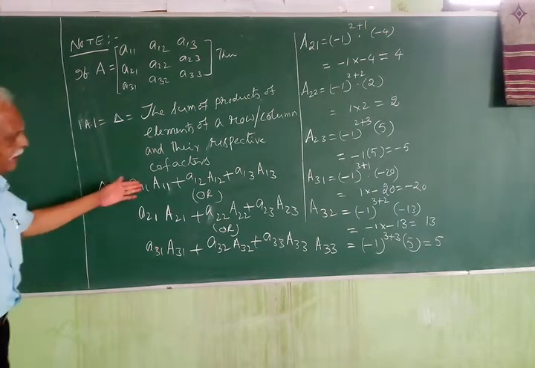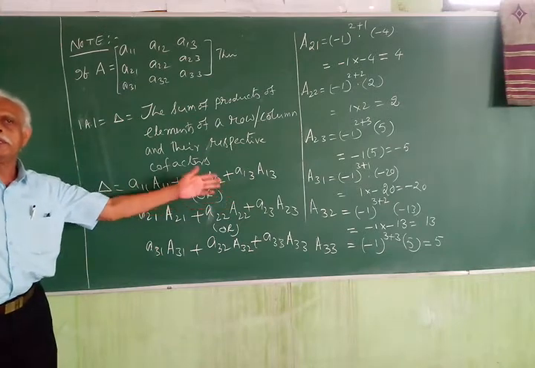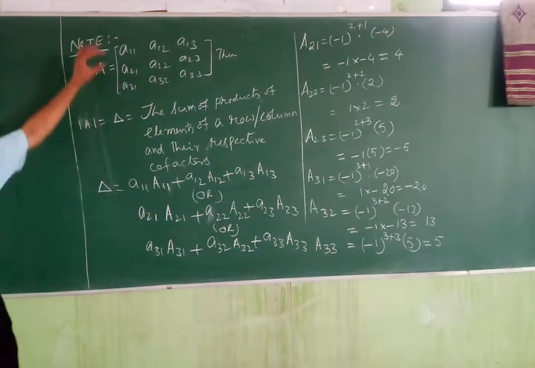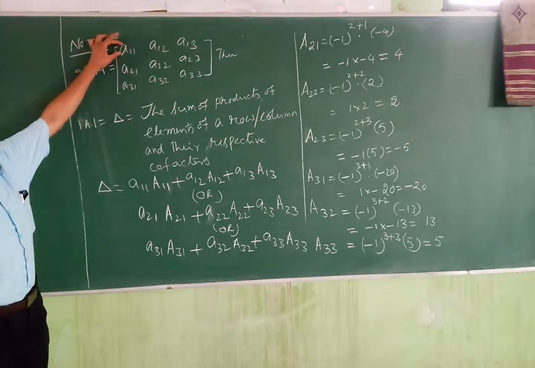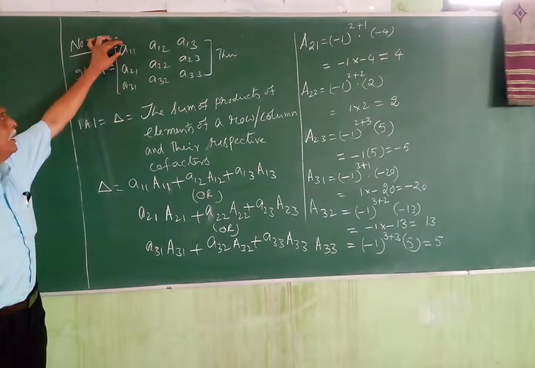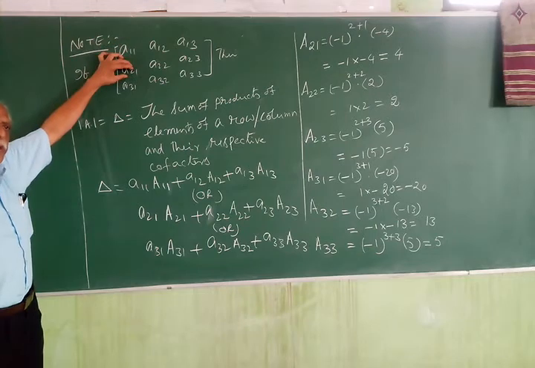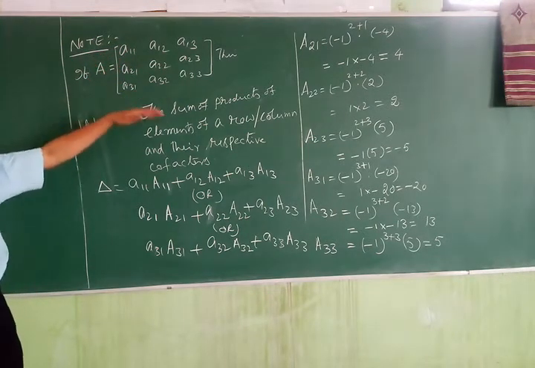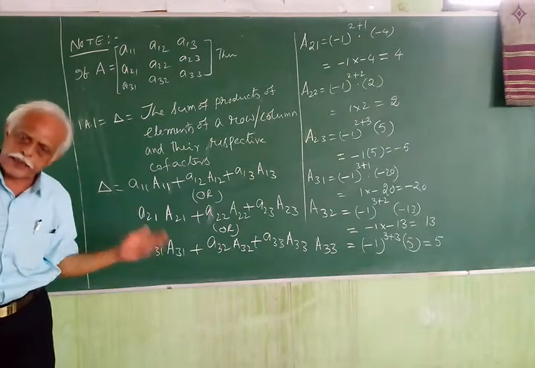These are with rows. Same thing you can find with the columns also. A11 into capital A11, A21 into capital A21, A31 into capital A31. That way also you can.